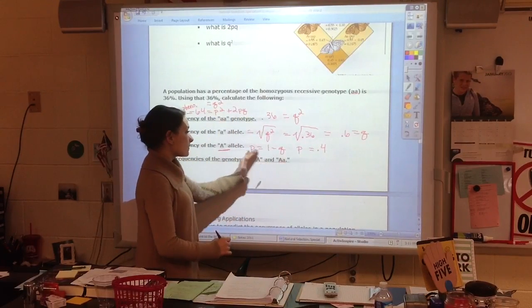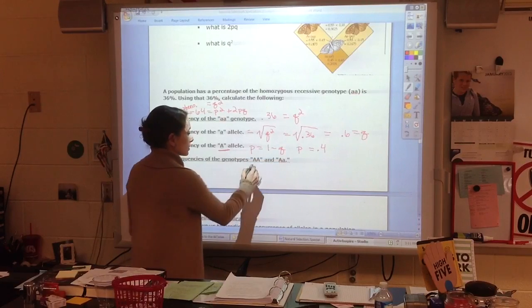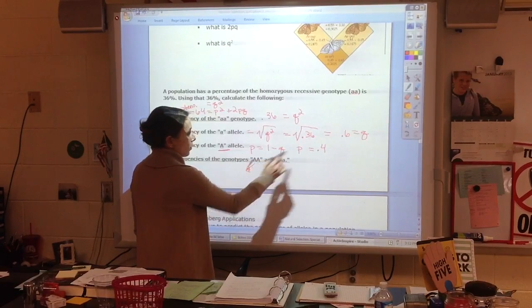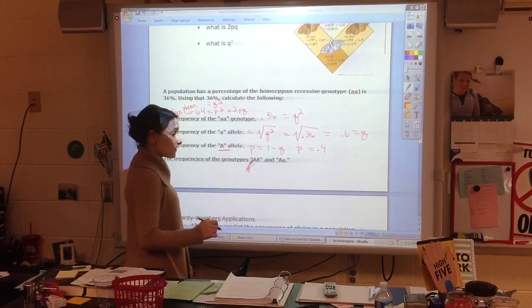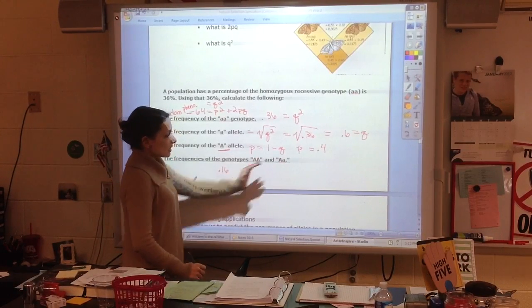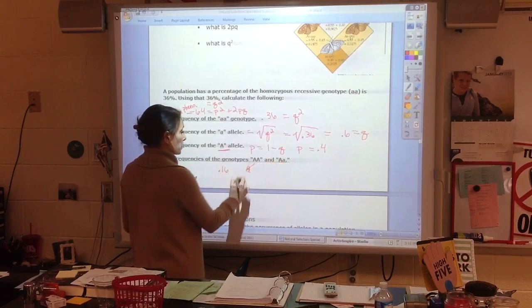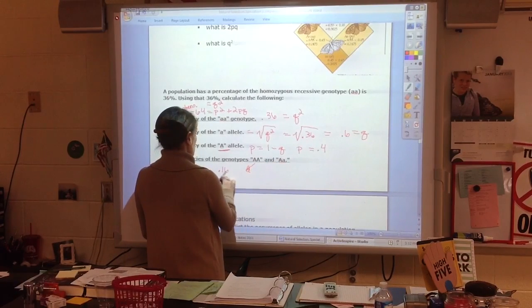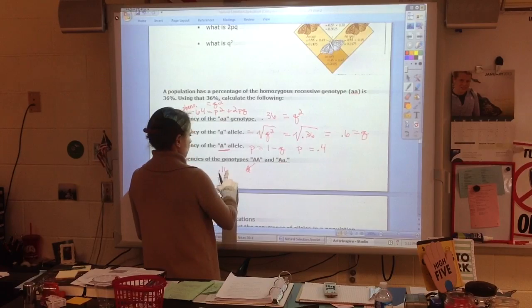And now I can find out my two genotypes. 0.4 squared, again be careful with your math, is 0.16. And to get this, I'm going to do 2PQ. So now that I have P squared equals 0.16, that's what this is.